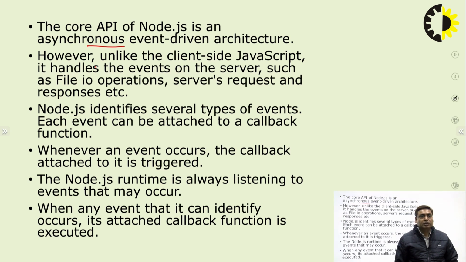In case of asynchronous, as I repeated in my earlier two video lectures on Node.js, one part of the code can run at the same time as a second part of the code. So more than one part of the code can run at the same time. The same approach is applicable in event-driven architecture also.